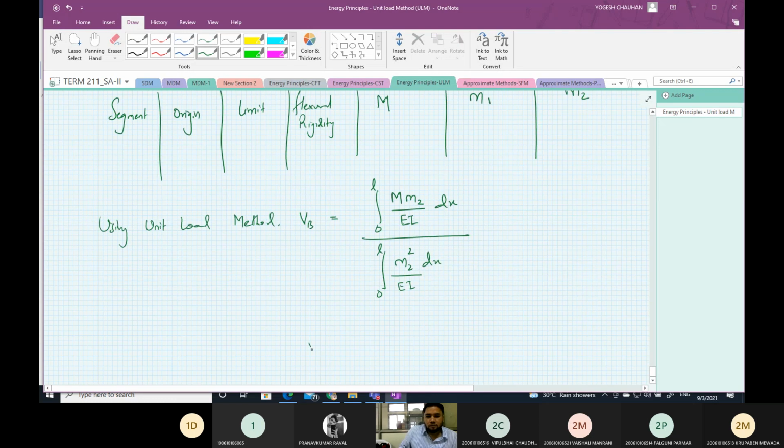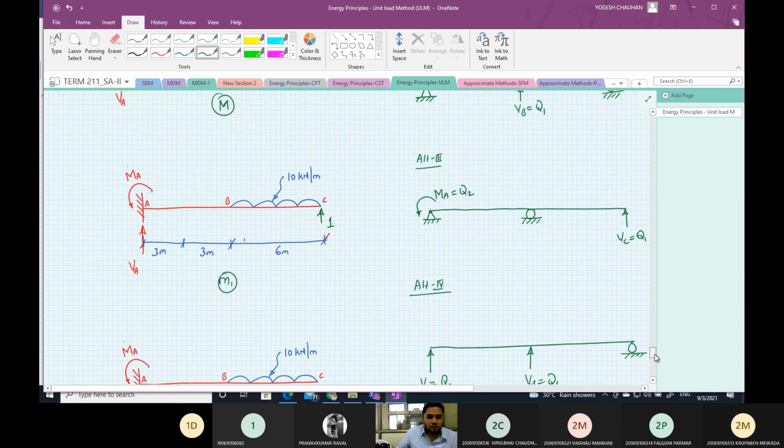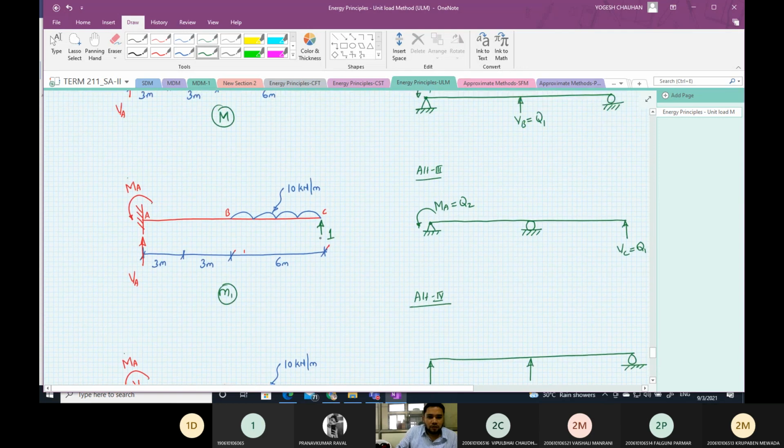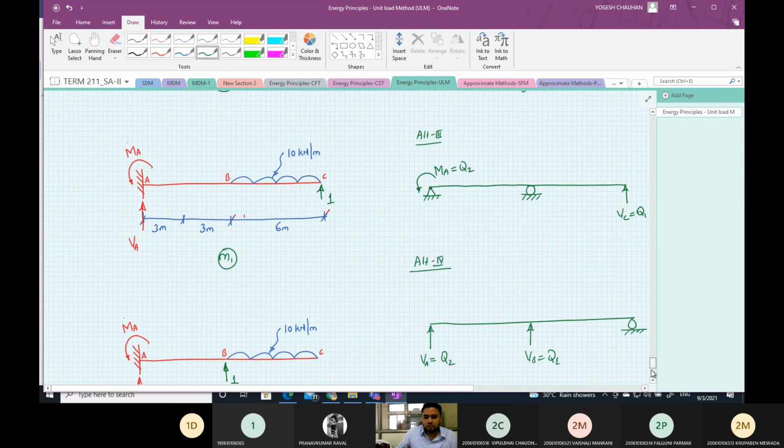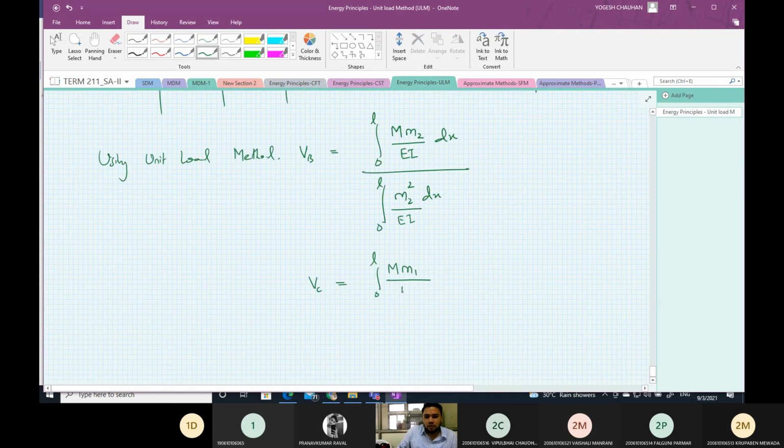Similarly, VC will be equal to integration from 0 to L capital M into M1, because corresponding to VC the unit load is applied, this is M1, divided by EI dx, whole divided by integration from 0 to L M1 square by EI dx.